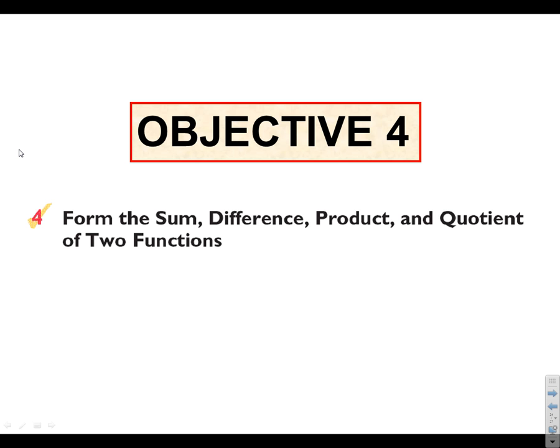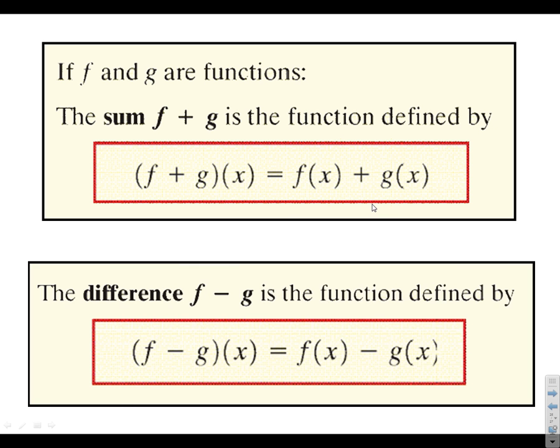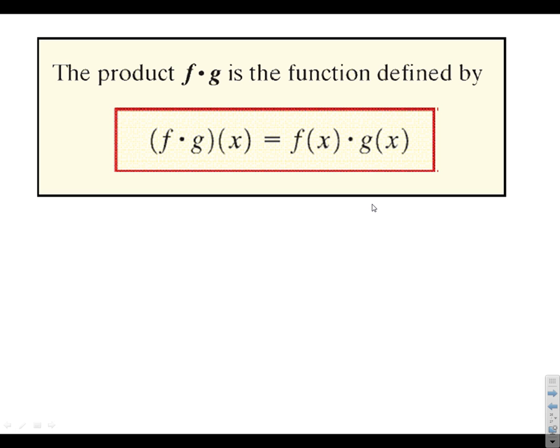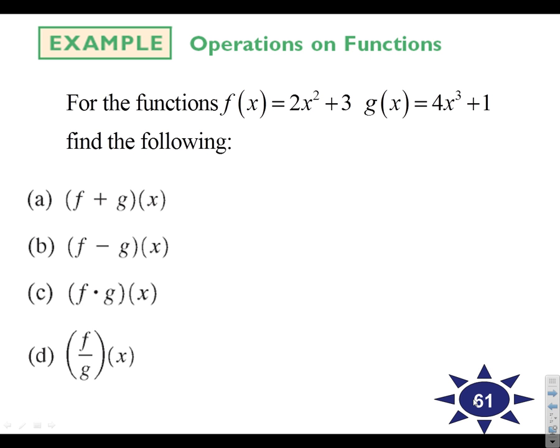Okay, last objective. This time I promise it's the last one. Find the sum, difference, product, or quotient of two functions. And this is straightforward. If we're going to say f plus g, so one function, and then g could be another function, we would just do them independently and add them together. Same goes for subtraction, for multiplication, and for division. Now when you divide, we have to worry about the domain because you can't have 0 in the denominator.